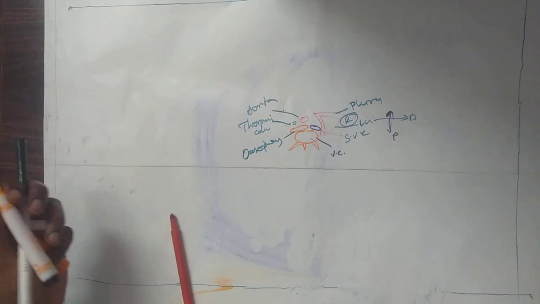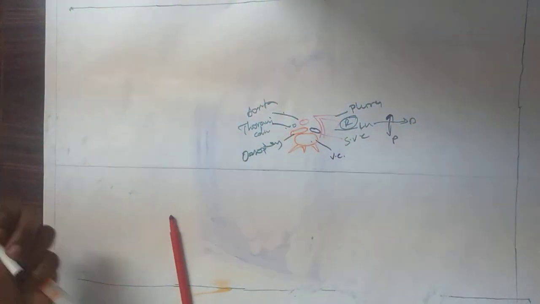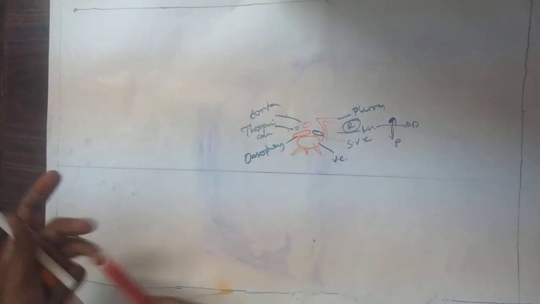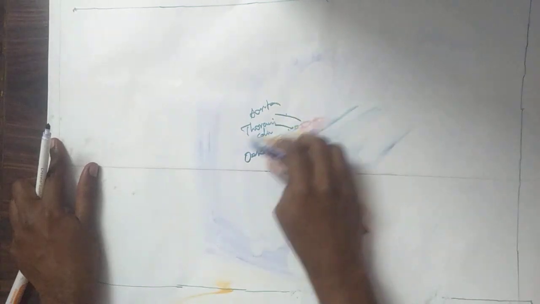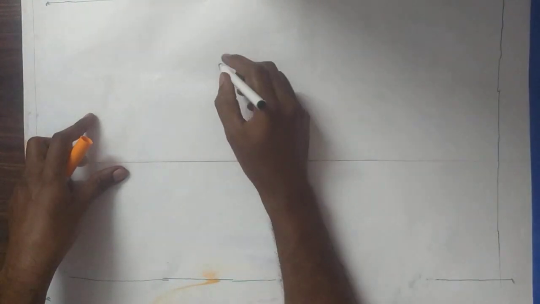So how is it formed? Most probably it's formed by fusion of your subcostal vein and right ascending lumbar vein. Tributaries from all that posterior intercostal veins of the right side. Then coming to the counterpart of it on the left side.